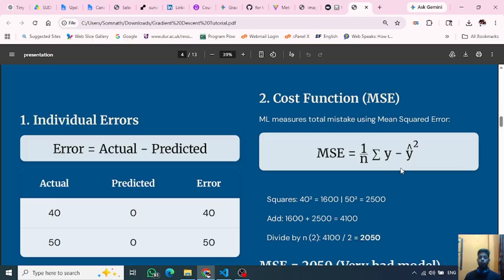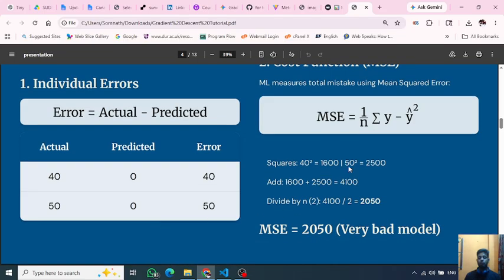We have to square the errors and take the average of all the data. So 40 squared plus 50 squared: 40 squared is 1600 and 50 squared is 2500, sum it and take the average, 2050. So that is the MSE, and it indicates a very bad model because the value is very high.